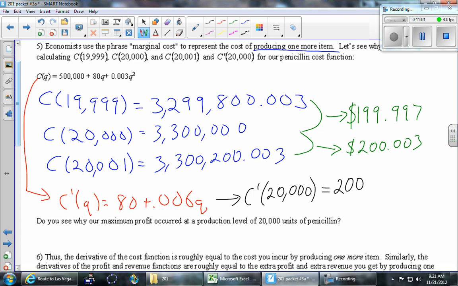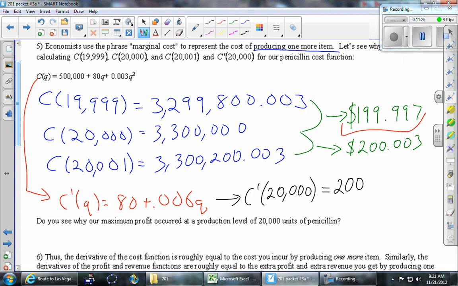How much revenue did we get for any level of production? We can go back and look at the problem on the previous page. Every time we sold one of these penicillin units, we made 200 bucks. So was it in our best interest to produce the 20,000th one and sell it? You bet. We just made $0.003, like 3/10 of a cent, because that number is less than the $200 revenue that comes from it, right? So we should absolutely produce it.